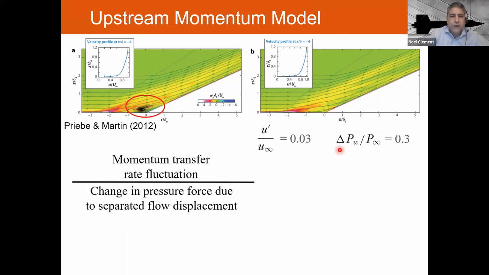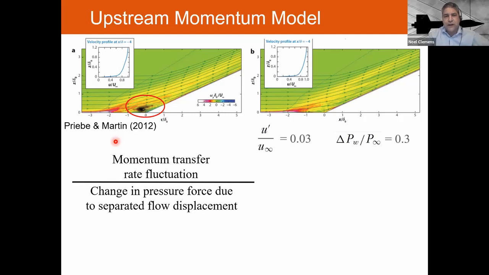Okay, and so in our own analysis we took the momentum transfer rate fluctuation. You just want to ask, is that actually big enough to do anything, to actually collapse this bubble, for example? Even if you have it, is it strong enough?